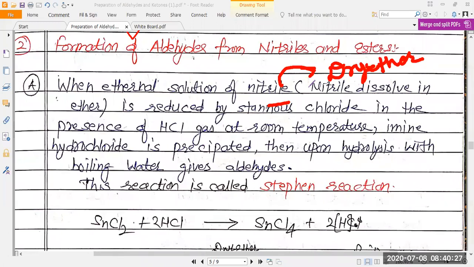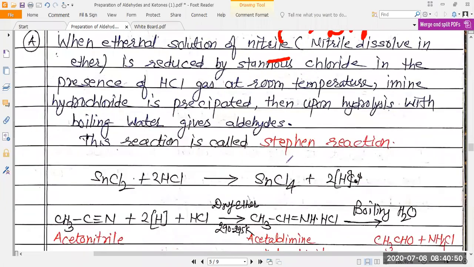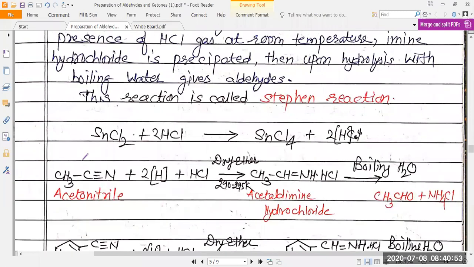So how does this reaction proceed? First, stannous chloride reacts with chlorine to form stannic chloride, and 2H gives out. Then this SnCl2 reacts with acetonitrile, and reduction takes place in the presence of HCl and dry ether.